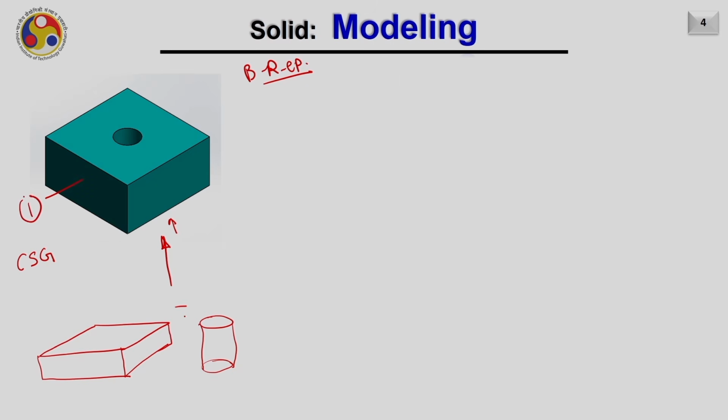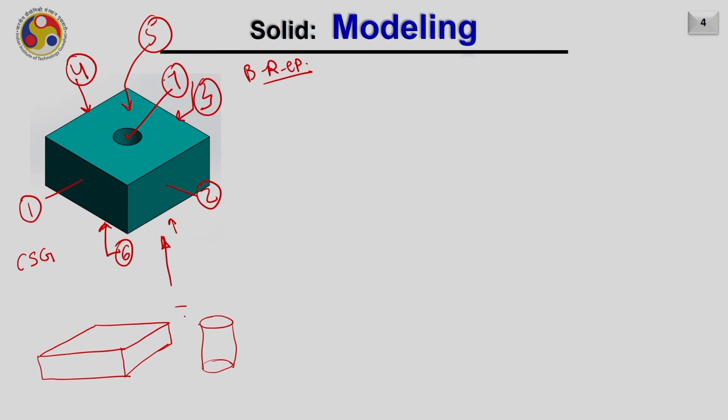One is this, second is this, there is a surface here that is 3, there is a surface here that is 4, this surface is 5, and from the bottom side also there is a surface that I am calling 6, and this cylindrical surface 7. A collection of these surfaces, appropriately defined by the topology, can represent this solid object.